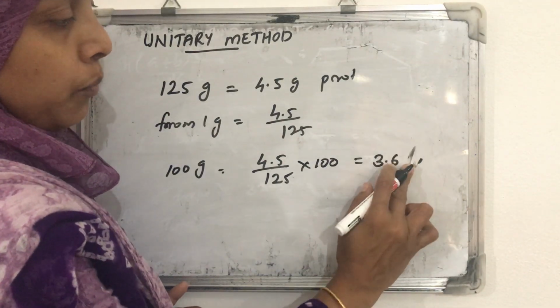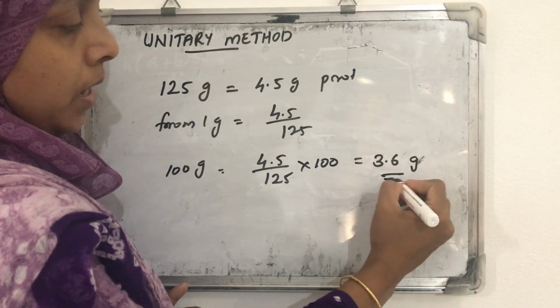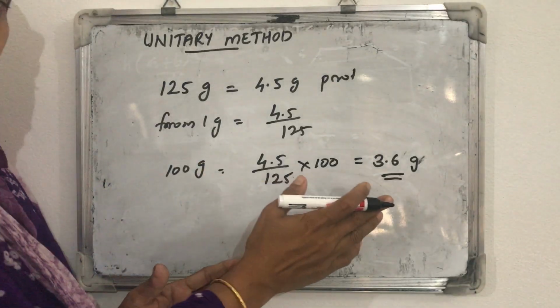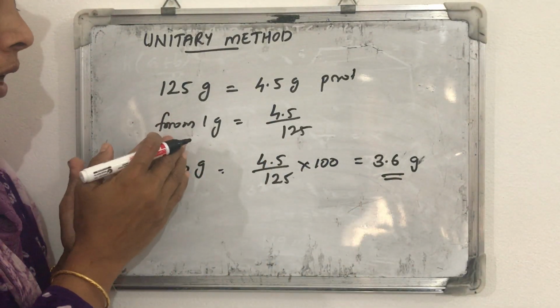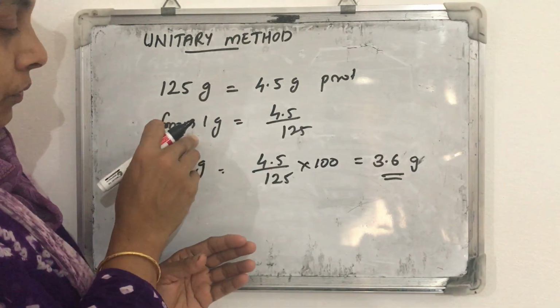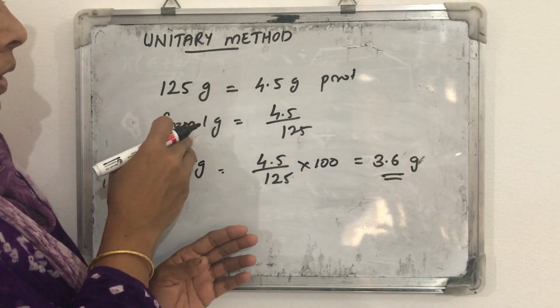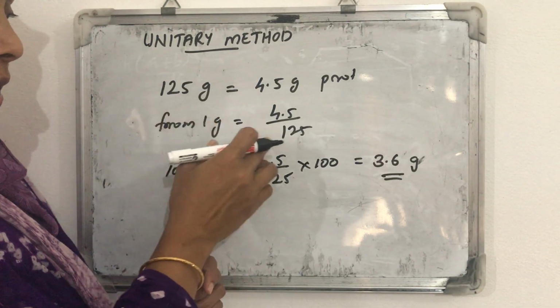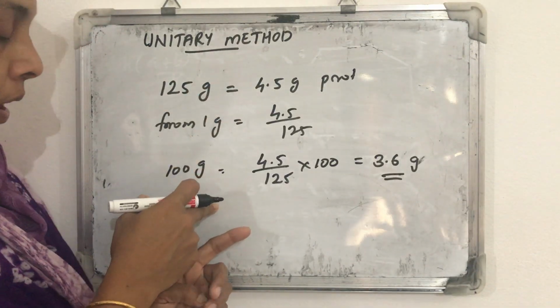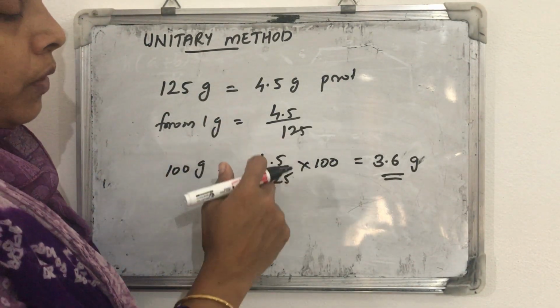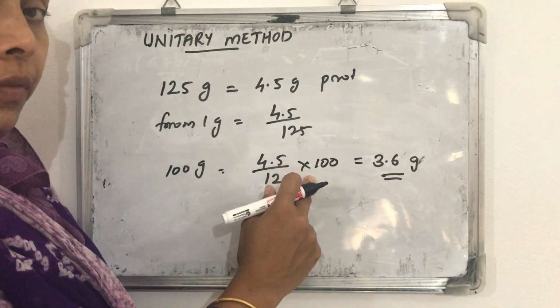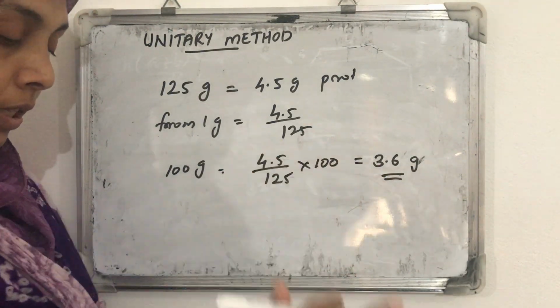It will be 3.6 gram. I am giving only the steps, the calculation work you need to do. So here also, first we find how much protein we get from 1 gram of yogurt, 4.5 by 125, then multiply with the required number.